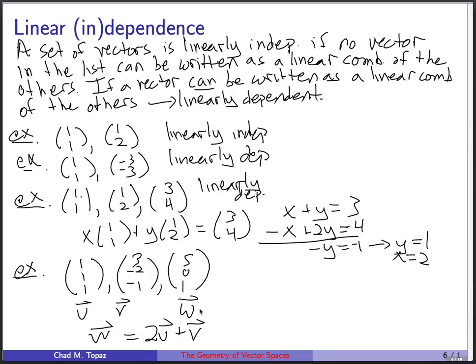If you don't believe me, you can pause the recording and actually do the calculation yourself. Just do the multiplication and addition. So since W can be written as a linear combination of the others, these are linearly dependent, okay? And then we can also ask, well, what is the span of these?